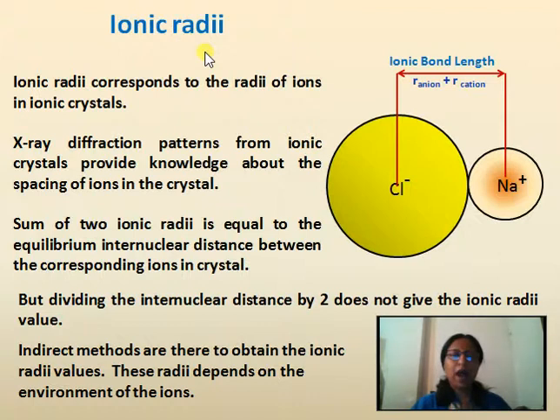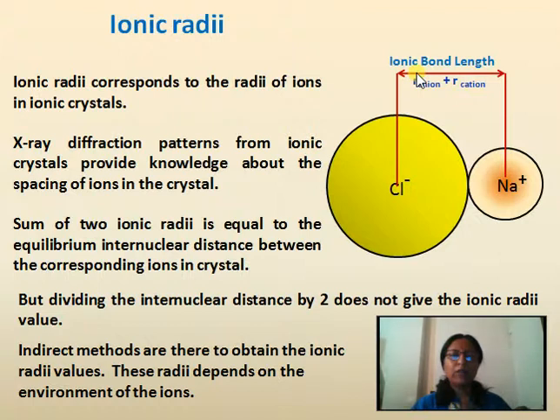in an ionic crystal. And in an ionic crystal, we can measure the internuclear distance between the nucleus of the anion and the cation by using X-ray diffraction. And we can get the internuclear distance that way.